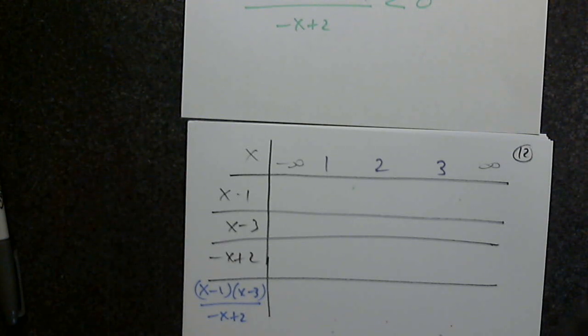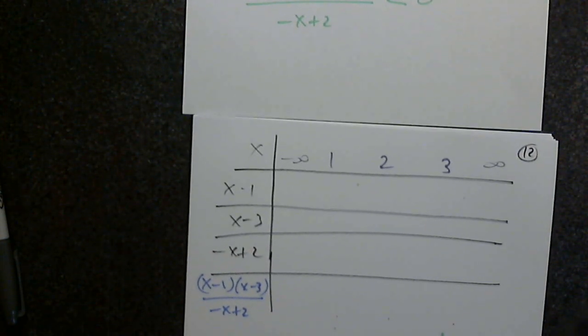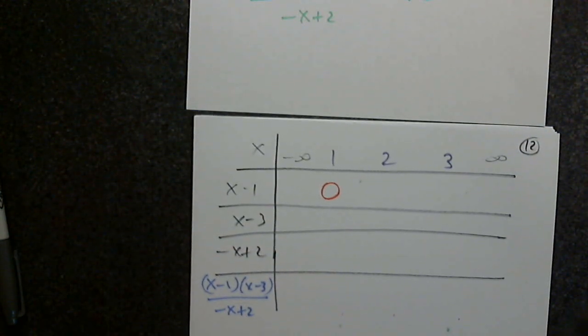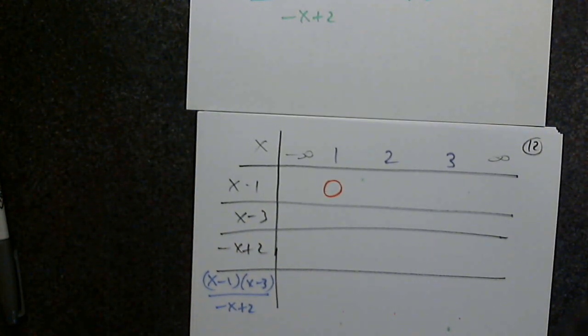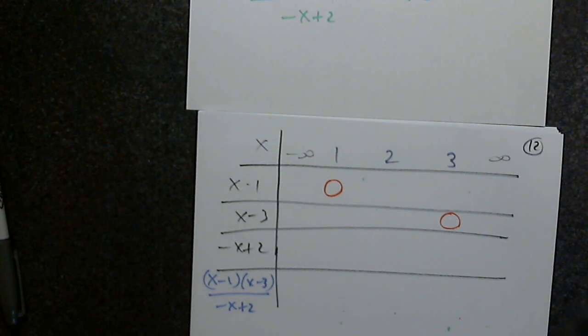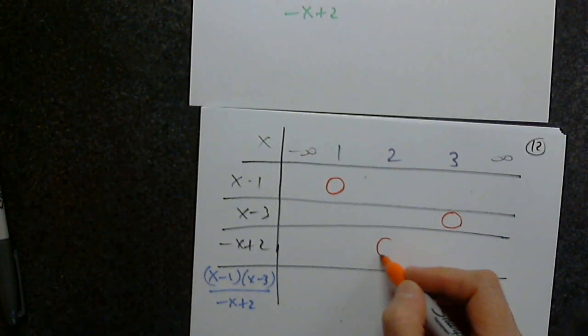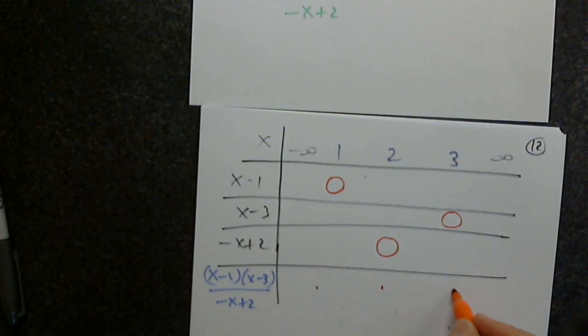Where will I put a 0 for x minus 1? Under 1. Where will I put a 0 for x minus 3? Under 3. Where will I put a 0 for negative x plus 2? Under 2. But now, the moment of truth, I need to put something for the whole thing under each number. Very careful. What do I write under 1?